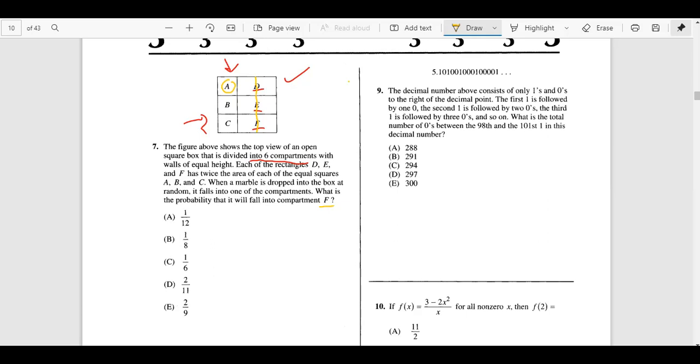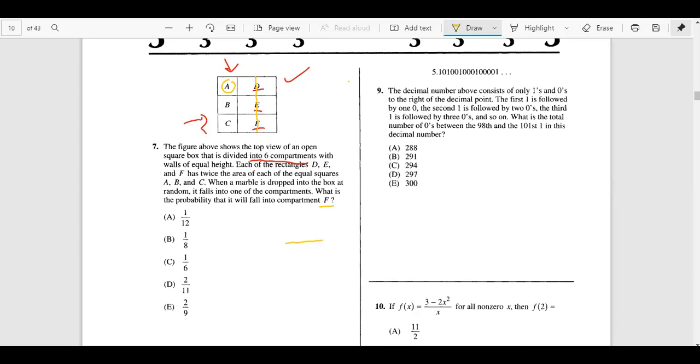We find a ratio where in the denominator we have the total possibilities, and in the numerator we see particularly the probability that the marble will get into F. Do you know how to calculate probability? I'm not able to explain it this way, but you know how we do it?